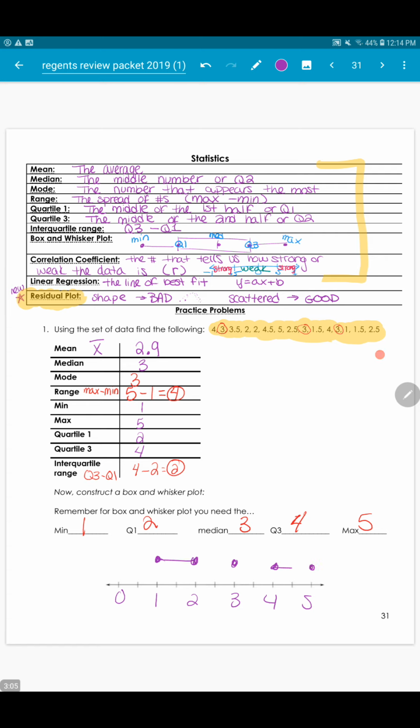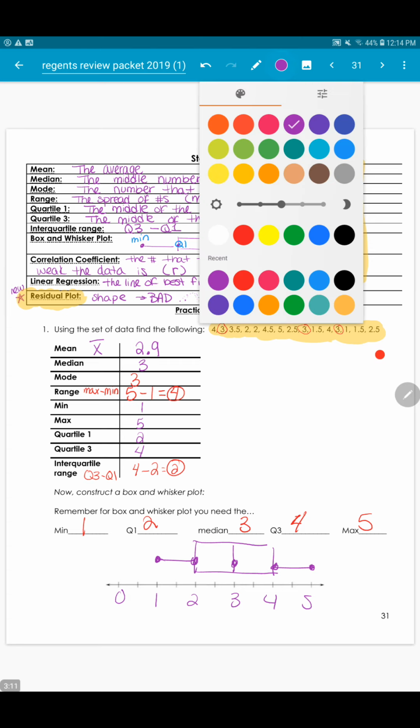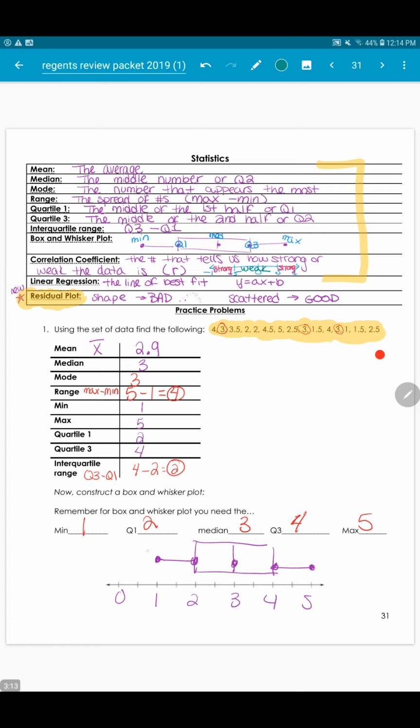Alright, we make our whiskers at the end, and then our middle 3 turn into a box. That's where it gets its name from. So this is our min, Q1, our median, Q3, and our max. Alright, next page.